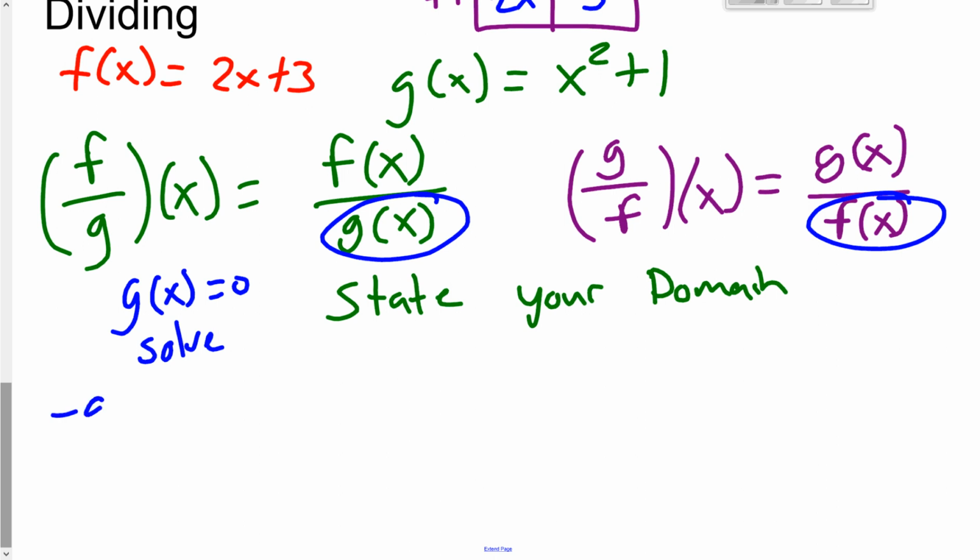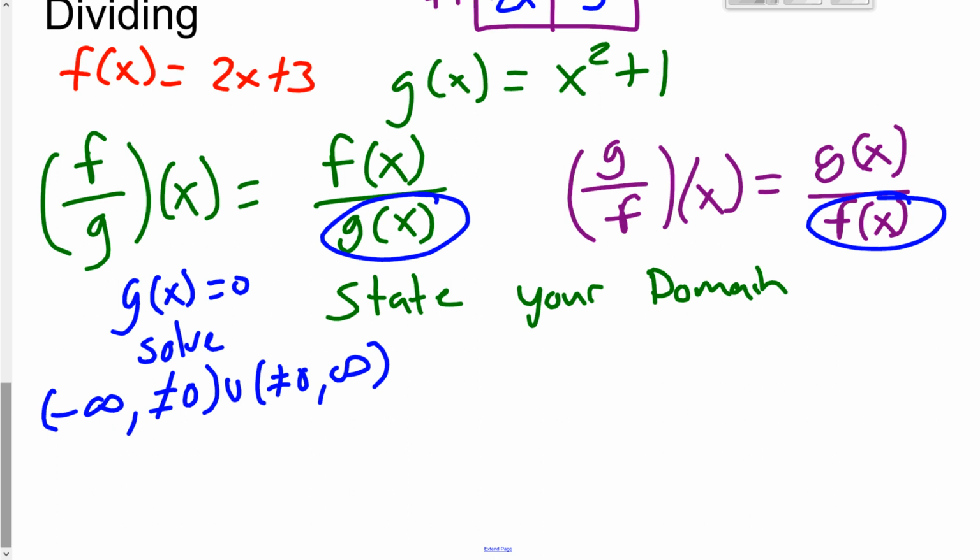So negative infinity up until, not equal to 0, and then from that number, whatever that number is, it might not be 0 all the time, to positive infinity. Okay?